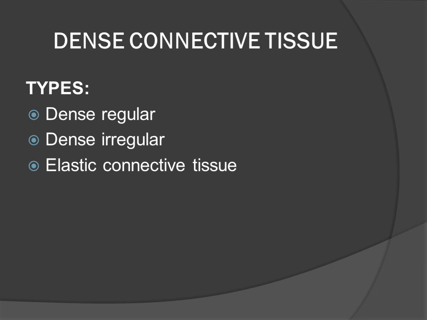In loose connective tissue, the fibers and the cells are loosely arranged, whereas in dense connective tissue, the fibers and the cells are tightly, compactly packed together. Understand? These also have three types: dense regular, dense irregular, as well as elastic connective tissue. Okay, so let us see one by one.